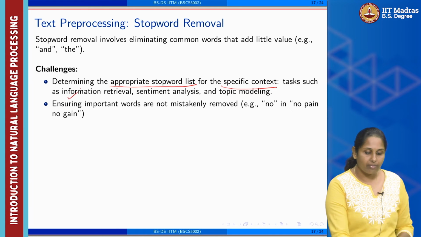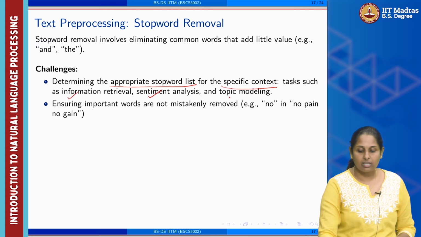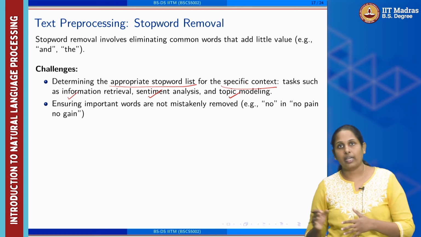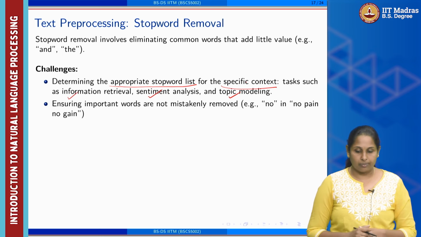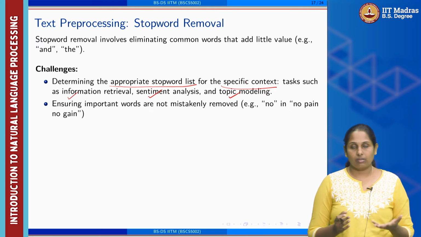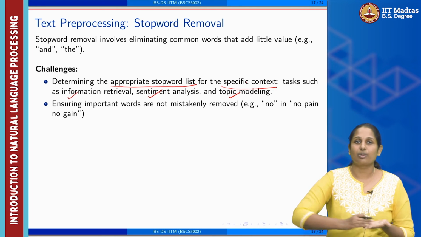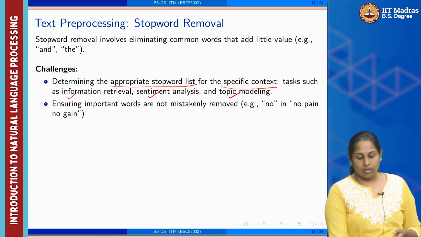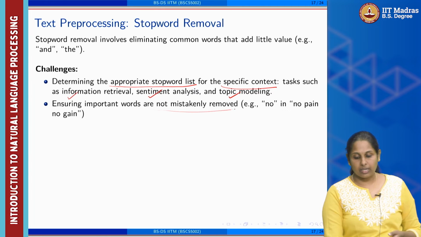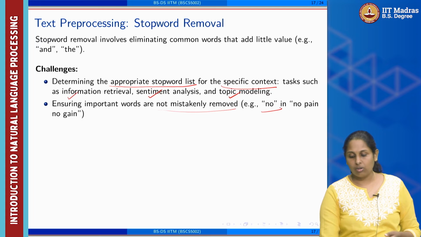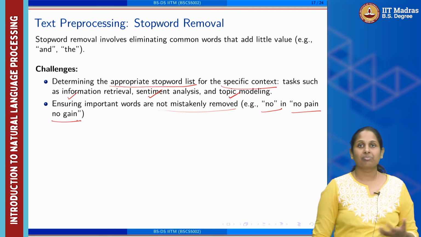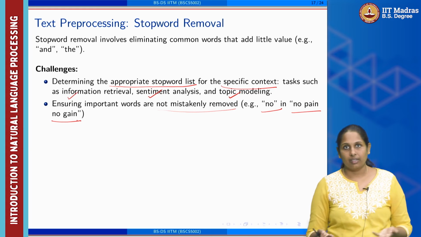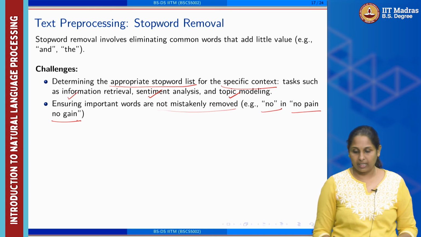Especially information retrieval, sentiment analysis and topic modeling require stop word removal. But sometimes we cannot just remove anything as a stop word. We must make sure important words are not mistakenly removed, for example, no in no pain, no gain. If you remove no, then we get pain and gain, right? That is what we might get.